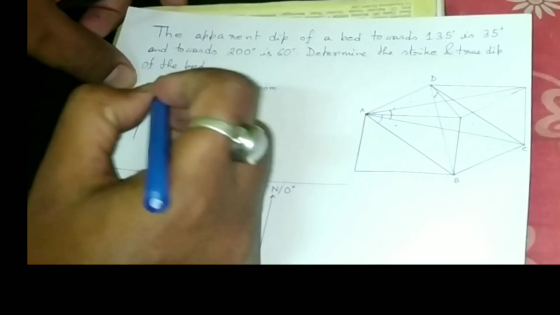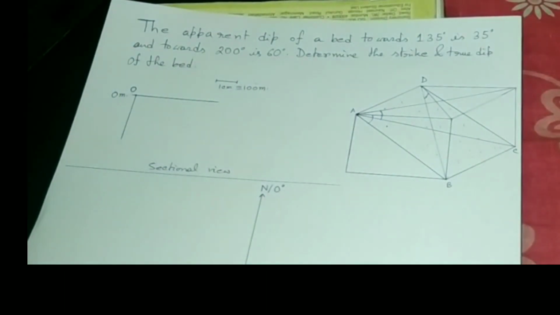and by divider we will take that 1 centimeter distance. We are using divider because it will cause minimum error.